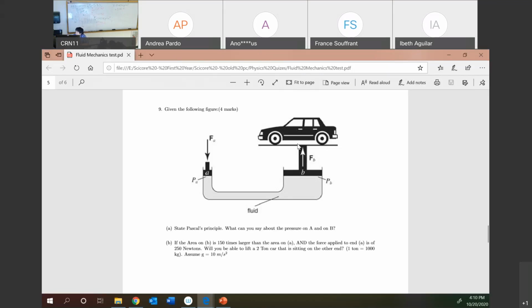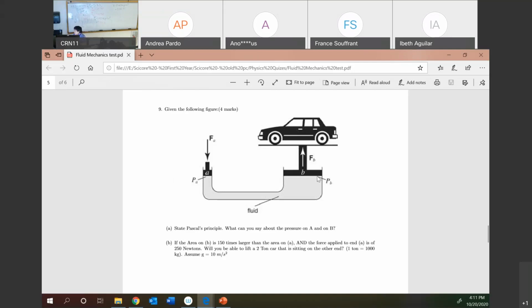What is the key feature? That there is a fluid connecting both the piston and where the car is suspended, right? So the idea is that while you push the piston, you are applying some pressure, force divided by area. That same pressure goes to this side.